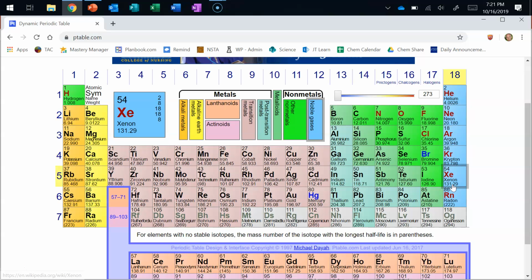The closer they are to that, the more reactive they are. If you look at the halogens over here, which is this last column, they are really close to 8. And they really want to get that last electron, so they're going to react. Fluorine is the most reactive in the halogens, and a good way to think of this is the nonmetals, the closer they are to fluorine, the more reactive they are.